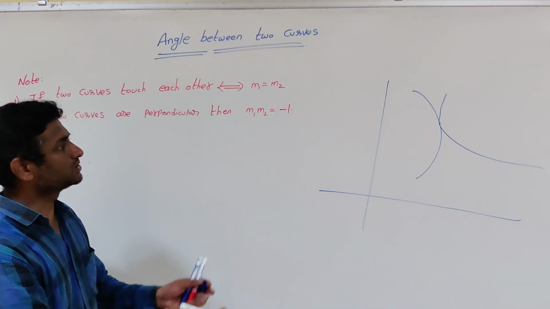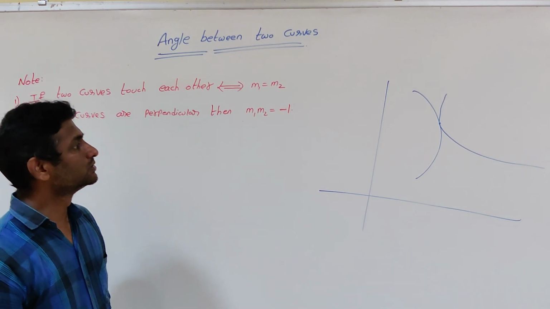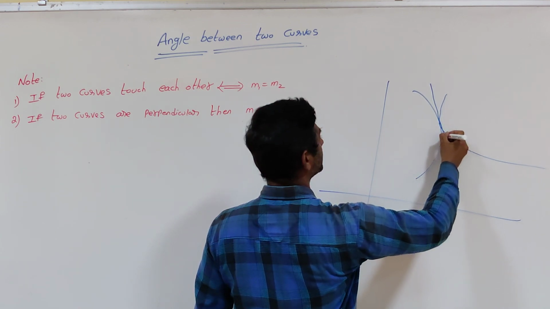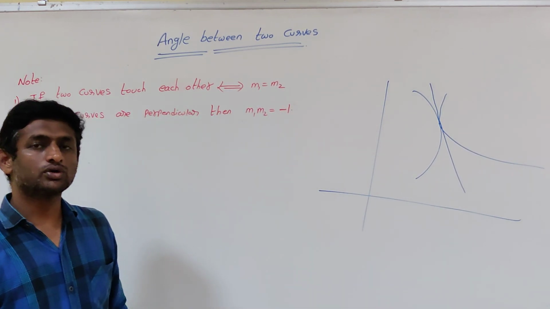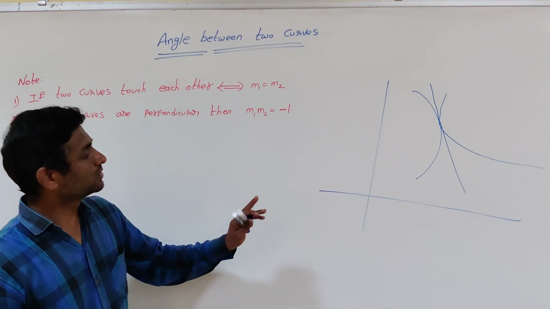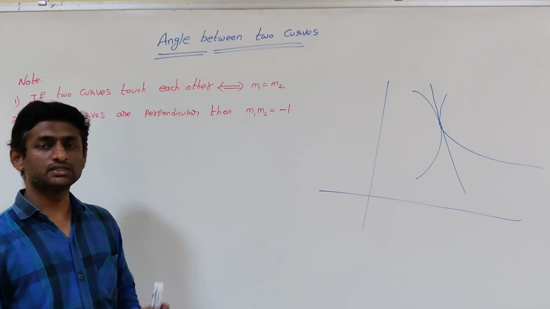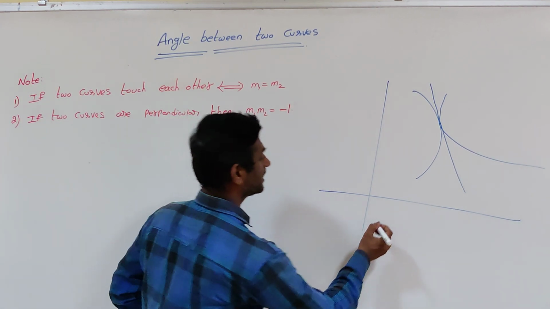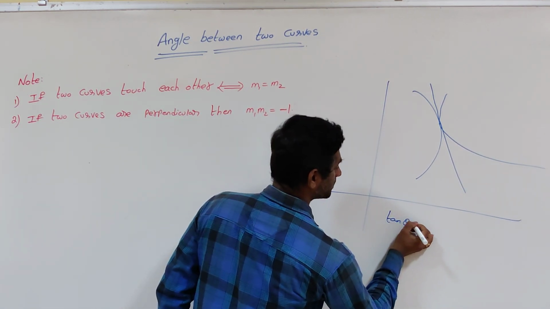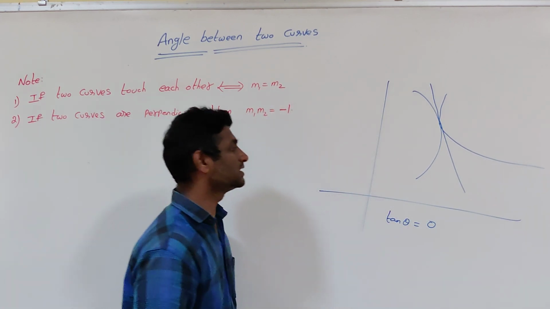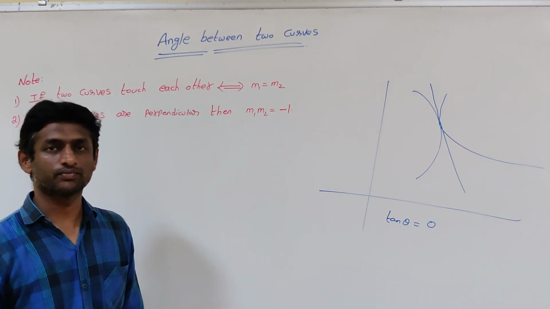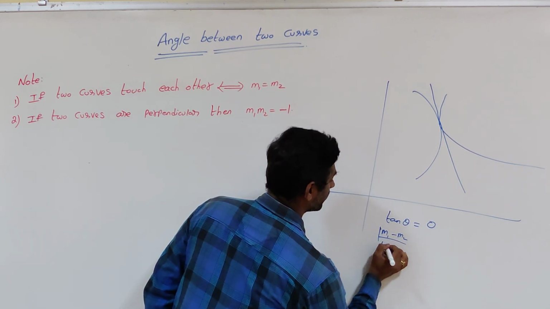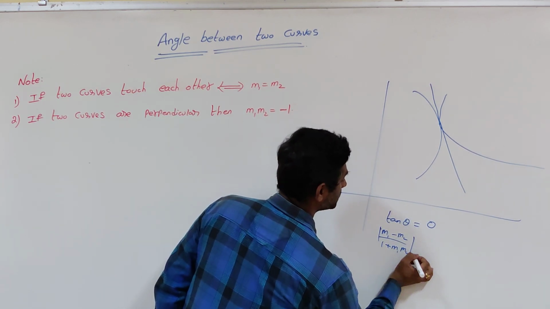If they touch each other, there will be only a single common tangent to both the curves. So there are no two tangents, and the angle between the tangents will be 0, as there is only one common tangent. So that is modulus of (m1 minus m2) by (1 plus m1 m2) is equal to 0.